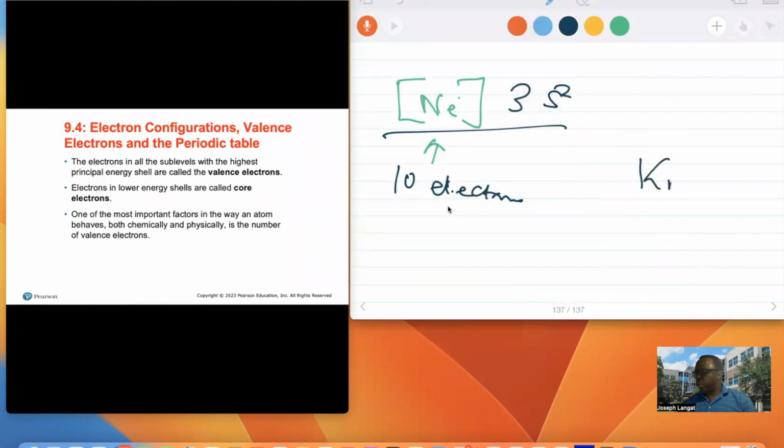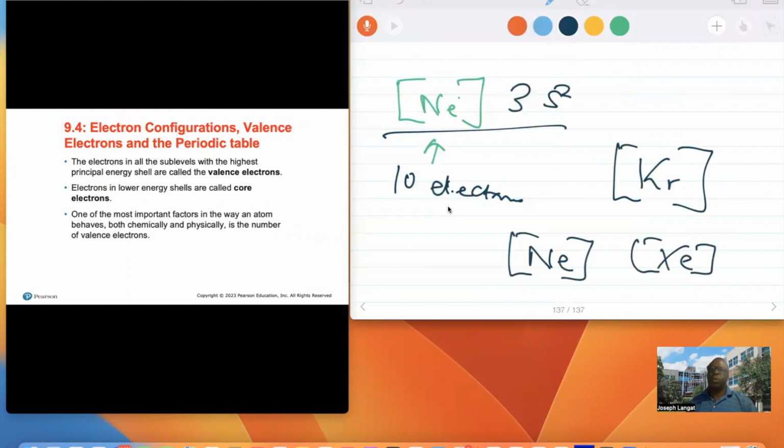For krypton, it's just going to be like that, there's nothing outside. For neon, it's just going to have that. For xenon, in parentheses. But if there is something outside, you need to learn the other method first so that you know what success you have with it.